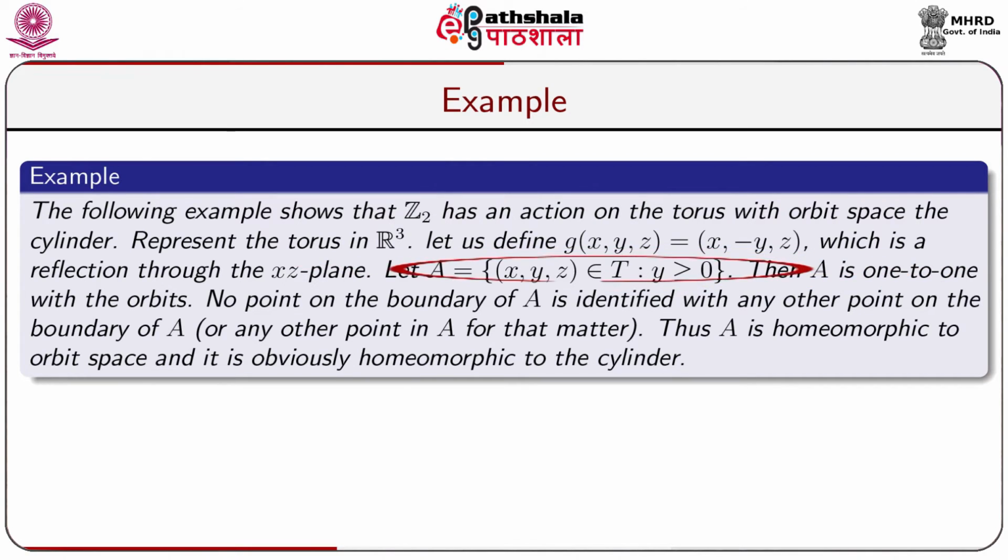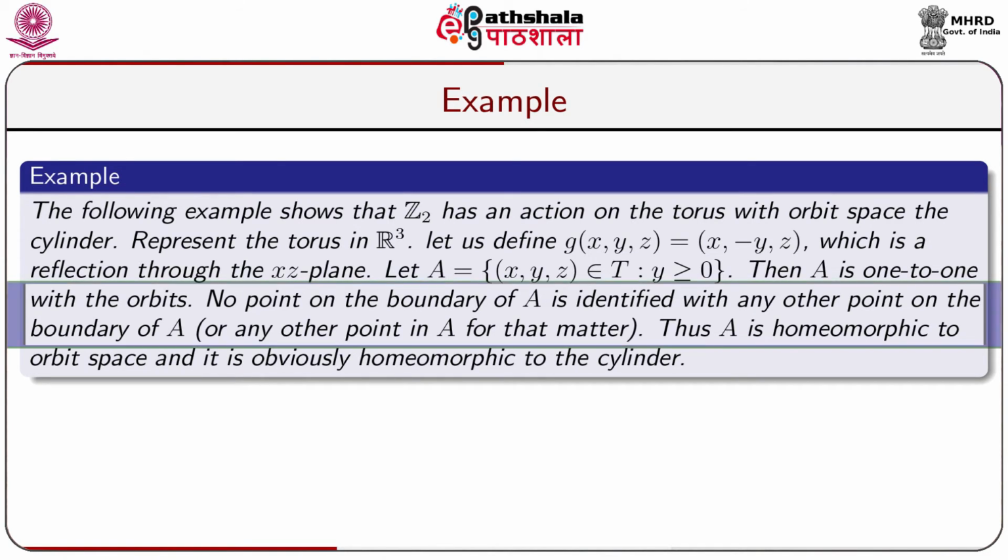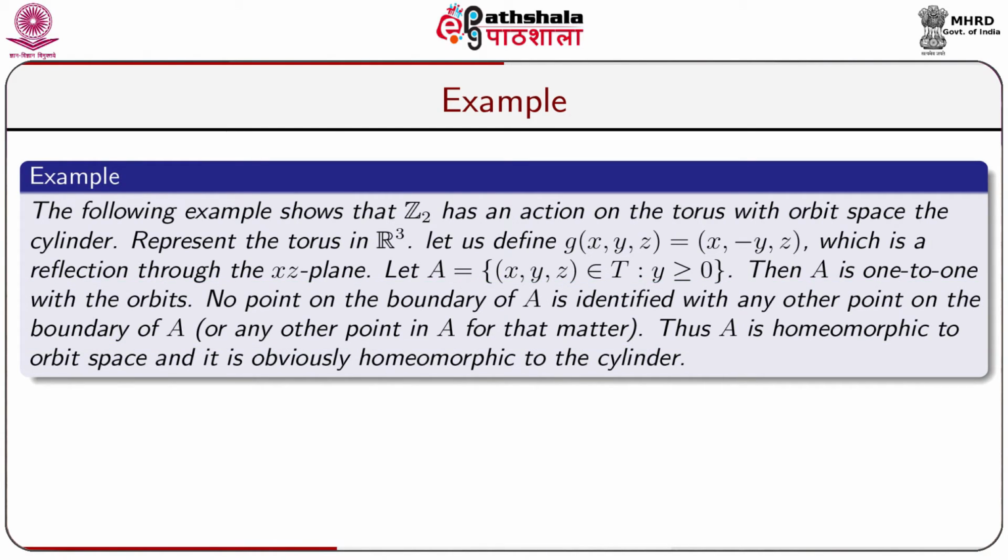Now consider the set A equal to all (x,y,z) belonging to the torus T such that y is positive. Then A is in one-one correspondence with the orbits. No point on the boundary of A is identified with any other point of the boundary of A or any other point in A for that matter. Thus, A is homeomorphic to the orbit space and it is obviously homeomorphic to the cylinder.